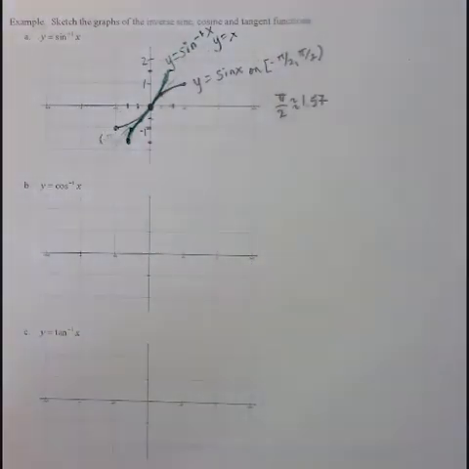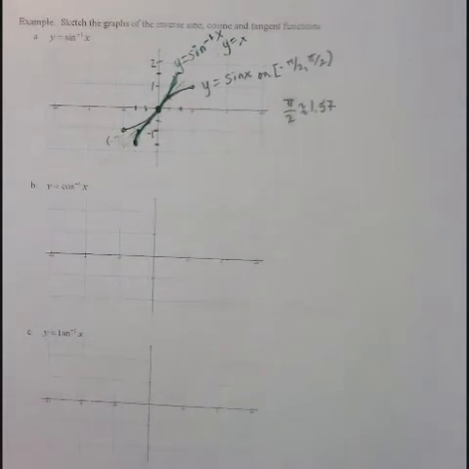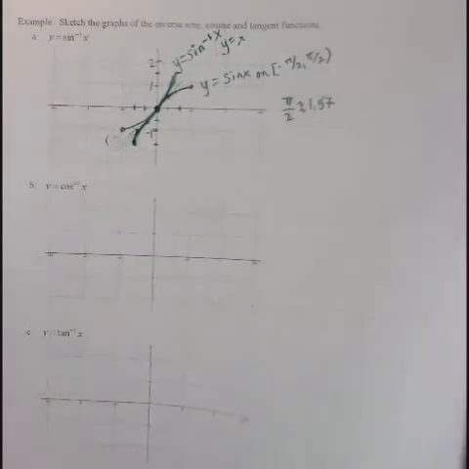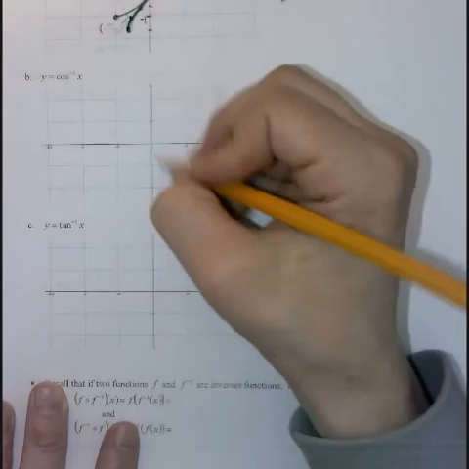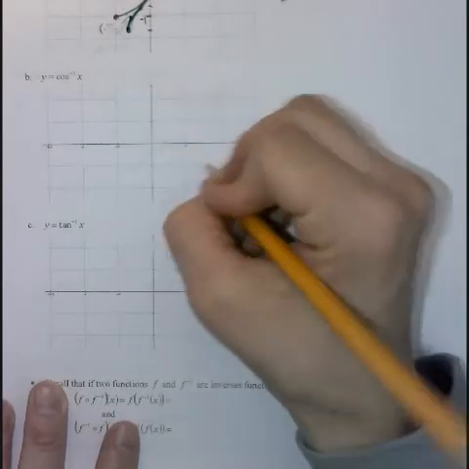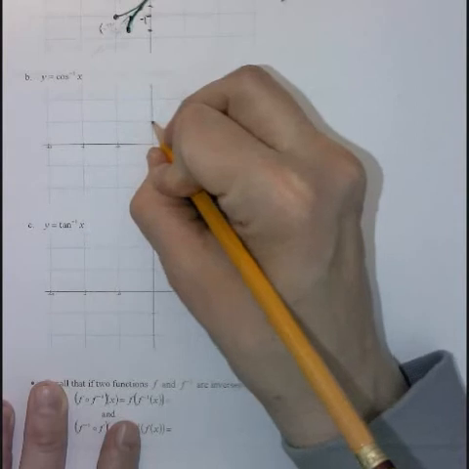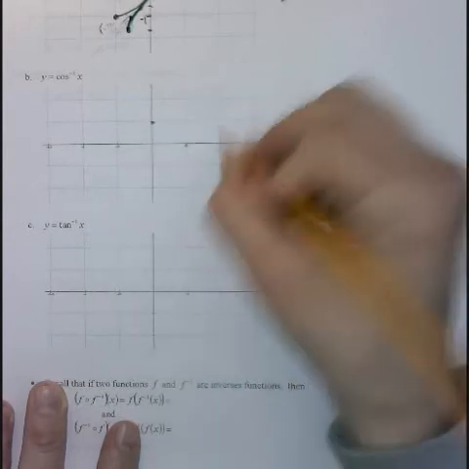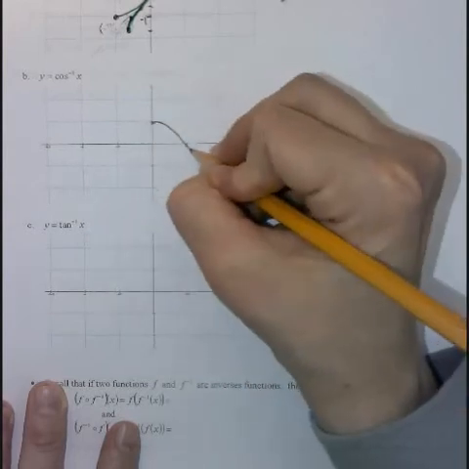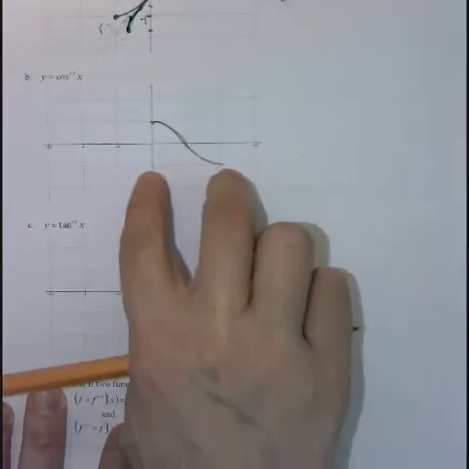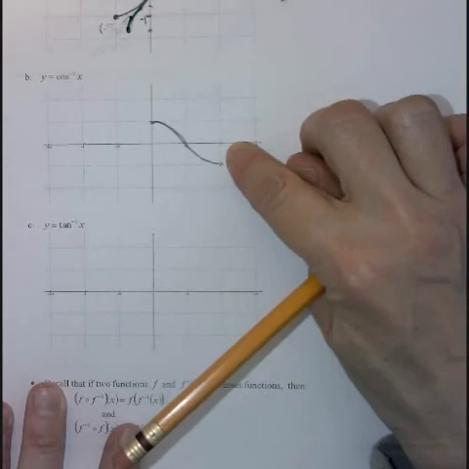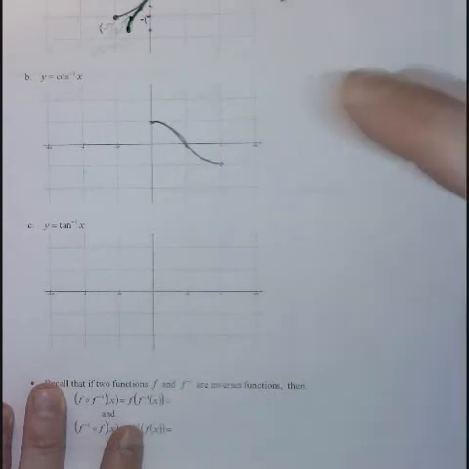So let's do it for cosine inverse. We need the restricted cosine function. That goes from 0 to pi. Approximately like that. So 0 to pi, pi is about 3.14, of course. That's going to become the range.